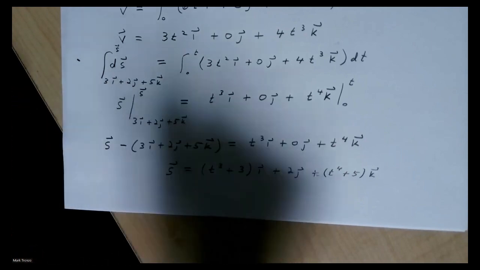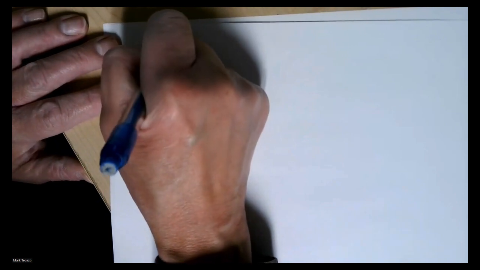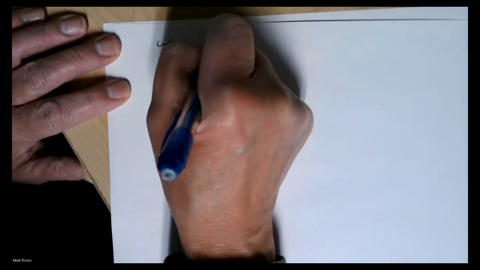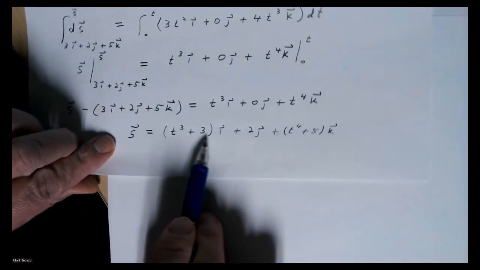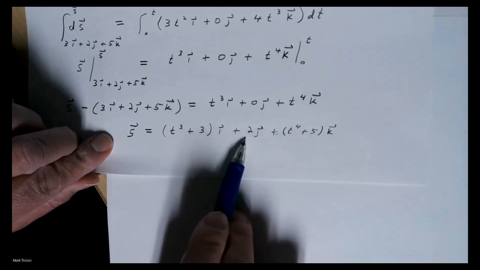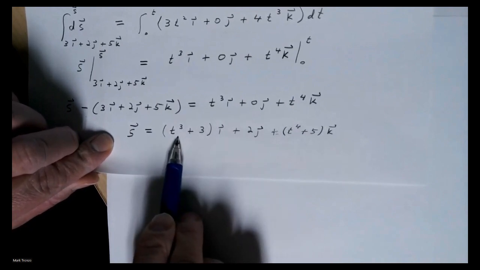So finally, we want to find what the position is when t is equal to 1. And so we want to just plug in t. It's going to be plug in 1 in here. So we put 1 here. 1 cubed is 1.